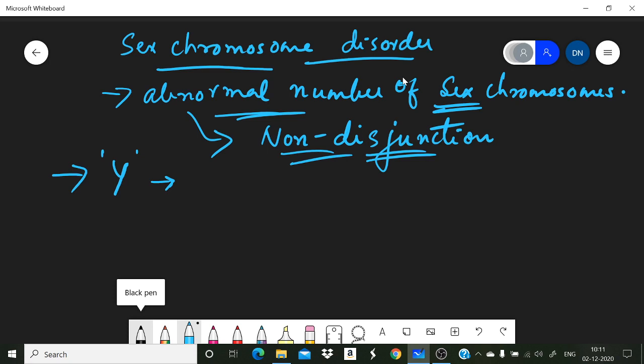And we can see some examples of sex chromosomal disorders. The first one is Klinefelter's syndrome.